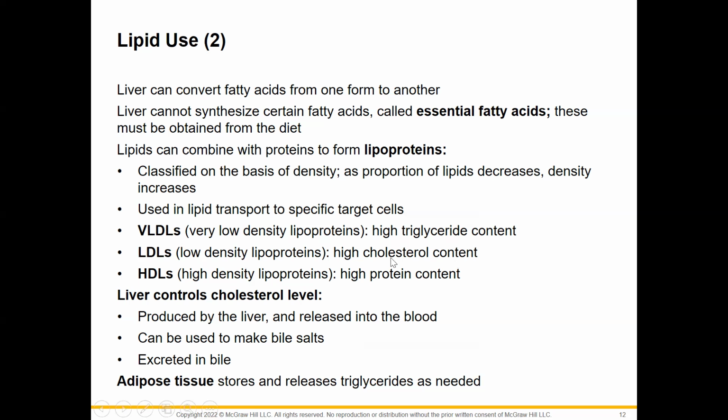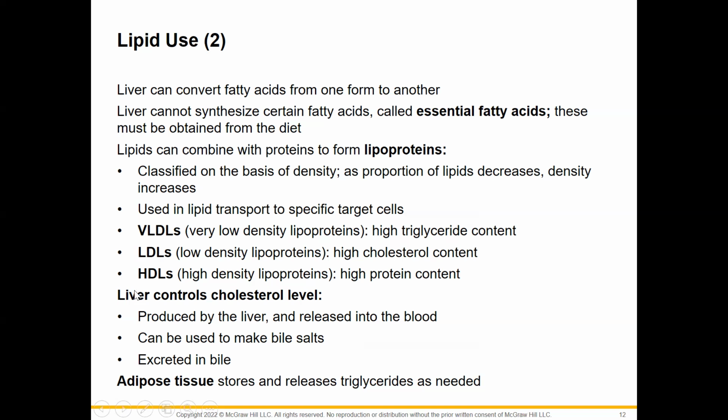These would be the cholesterols. Your cholesterols are considered LDLs, or low density lipoproteins. Now you have your high density lipoproteins. These have much more protein attached to them. HDLs are the ones that are considered much more healthy, even though our body needs all three of them.